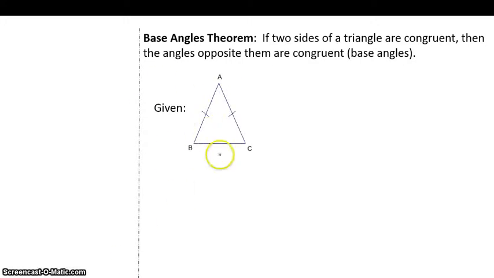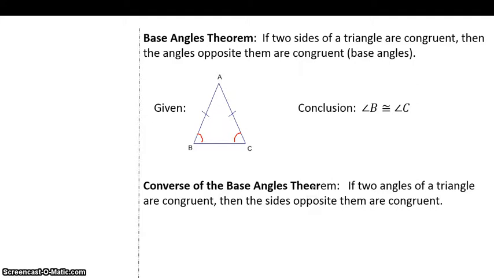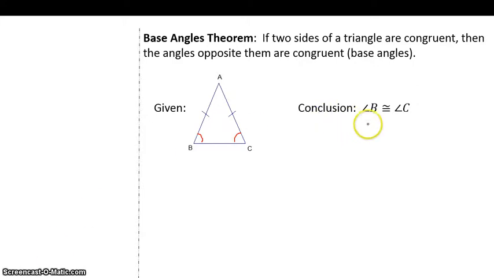So if it's given to us that we have an isosceles triangle, with two congruent sides here, then what this theorem says is that the base angles are angles B and C, and they also happen to be across from those two congruent sides. So I can conclude that angle B is congruent to angle C, and the reason would be the base angles theorem.